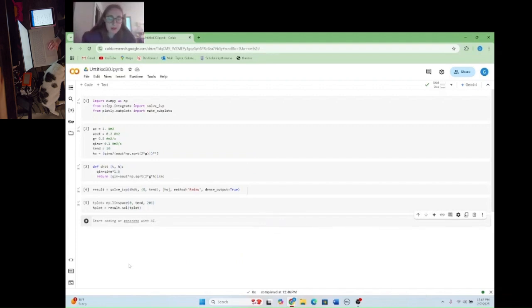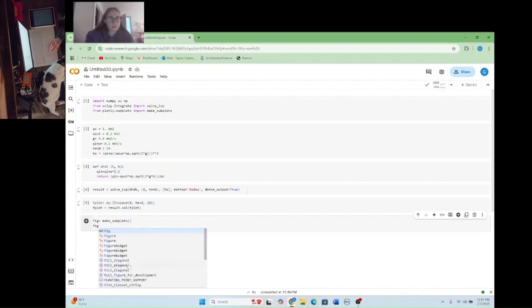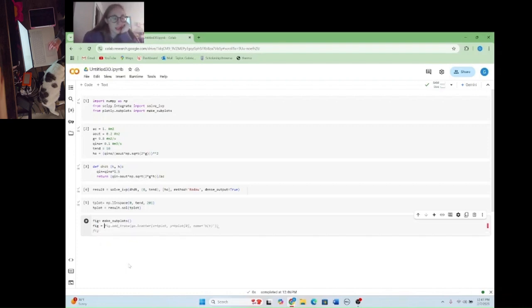So first thing that we have is let's do fig equals make subplots. Right? Make underscore subplots, I think. Okay, so now we have our figure. We do fig dot add scatter.